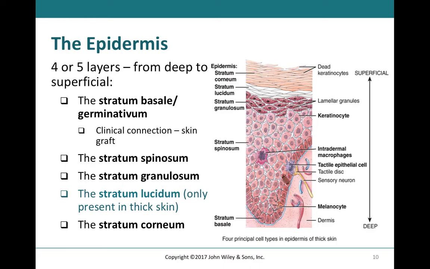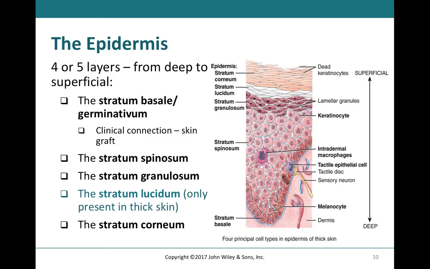And when the germinal portion of the epidermis here is destroyed, we cannot regenerate or create new skin with a skin graft. So a skin graft is anything that you would have if you need to create a transfer of healthy skin from a donor site to cover a wound.